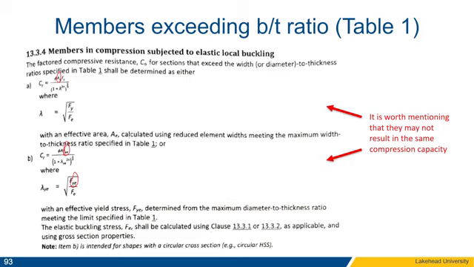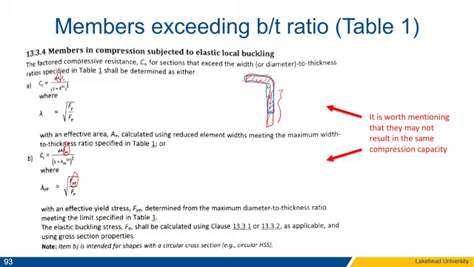So if you have a section, let's say an unequal angle like that, probably the buckling will happen in the longer leg. So you have one of two options. Either to assume that, you know what, we're not going to use the entire length of the section.